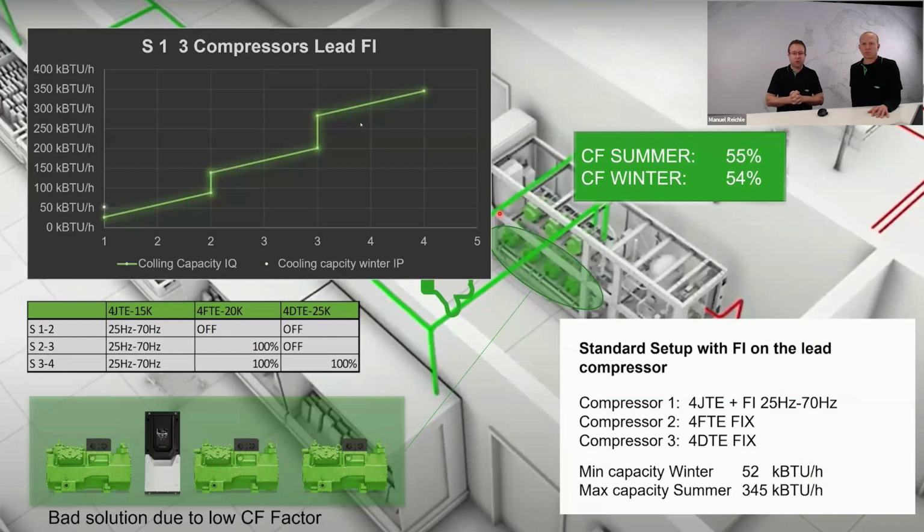So they put in a small variable speed compressor with 25 to 70 hertz. The problem is the next compressor, at 50 or 60 hertz, has a volumetric volume double as big as the first one, which gives us a big jump when the second compressor is starting.